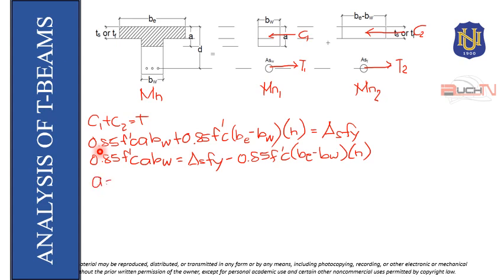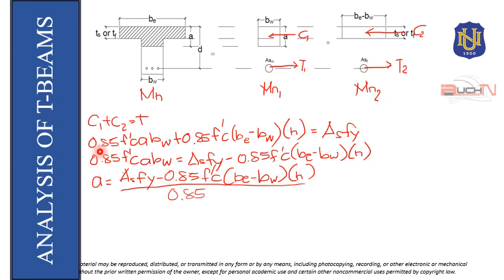a equivalent to As fy minus 0.85 f'c be minus bw times h divided by 0.85 f'c bw.